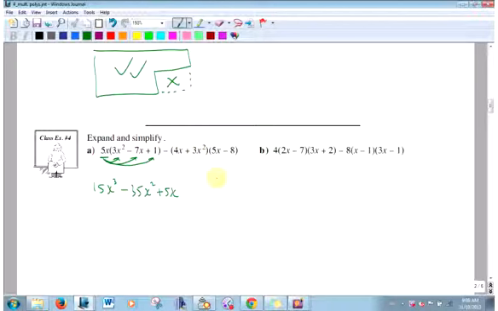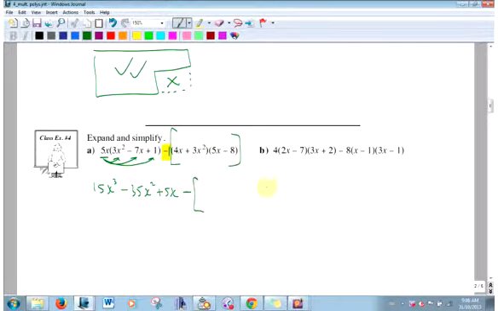Now let's look at the second one. So you see this minus here? That's a lot similar to the question I just did. It's not a 5, but I could think of that as a minus 1, right? Do you want to take that minus and multiply it in the first set of brackets first? Or do you want to save that till later and FOIL that first? I think the second way is better. Let's just save that minus.